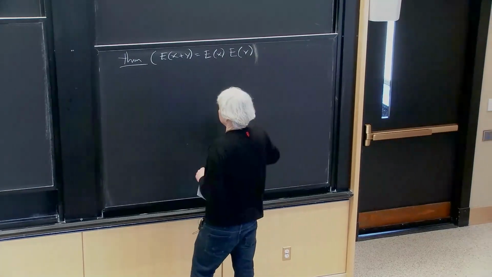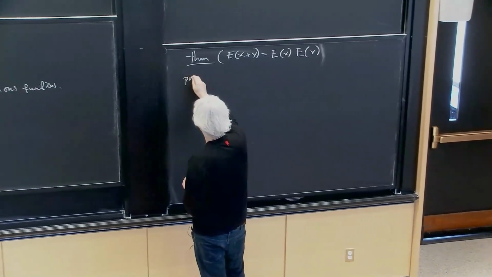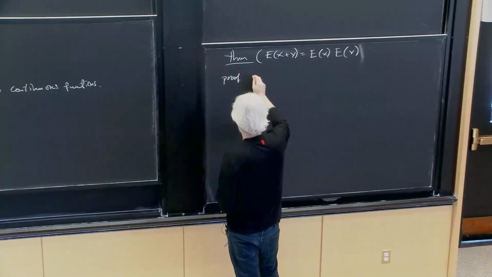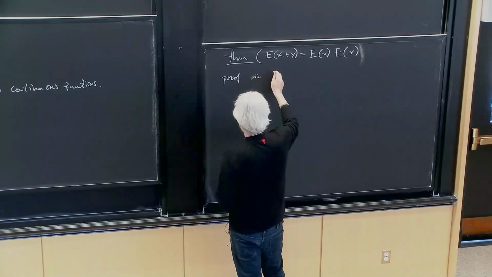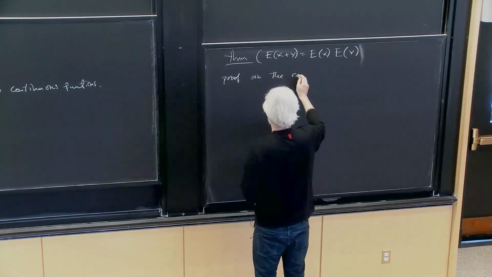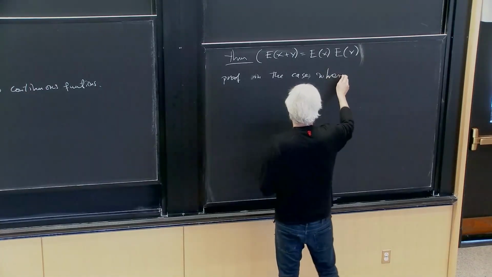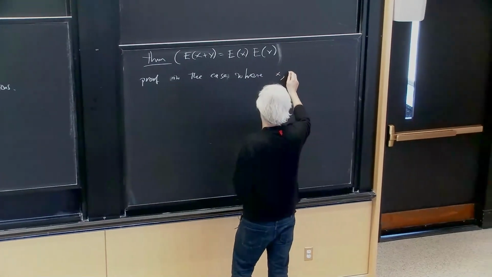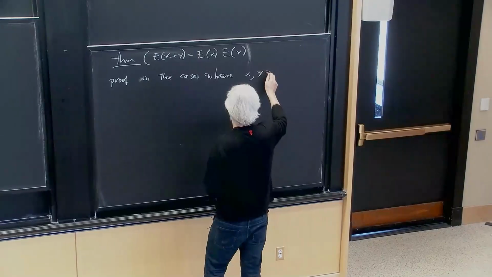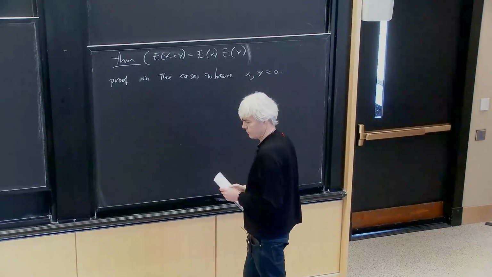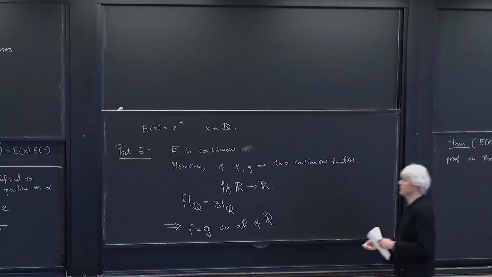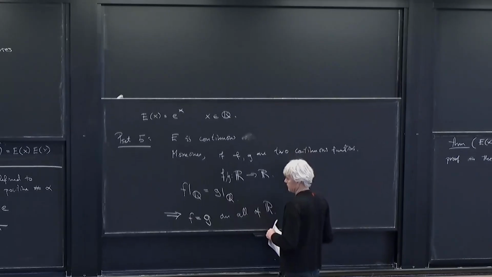And I'm going to show this proof in the case where these are non-negative numbers, both of them. The general case follows once you have this. It's not very difficult, but I won't do the general case.